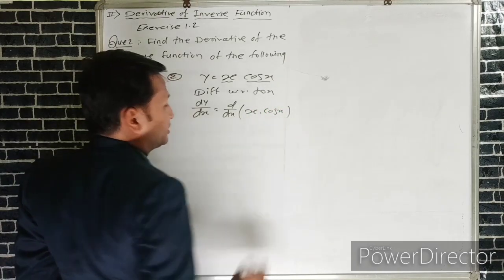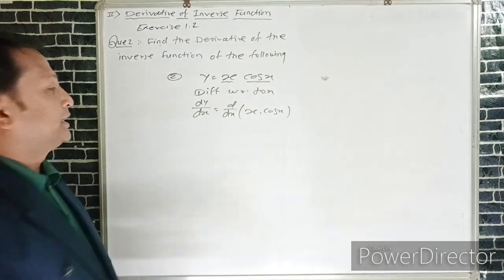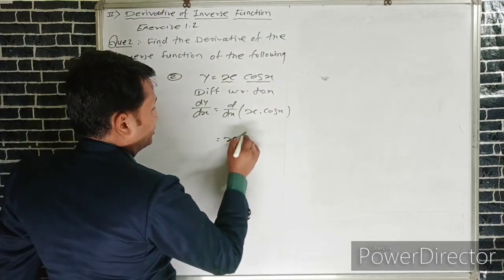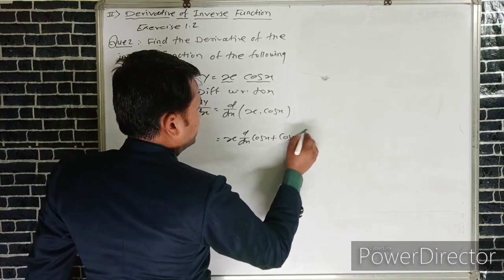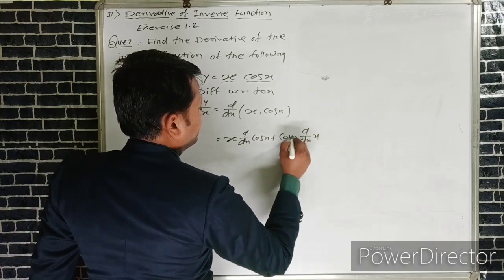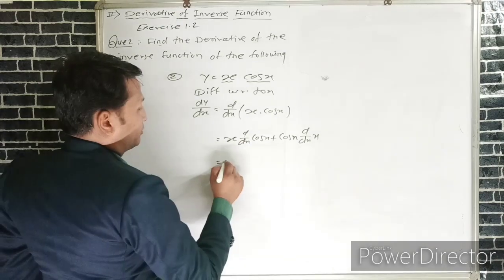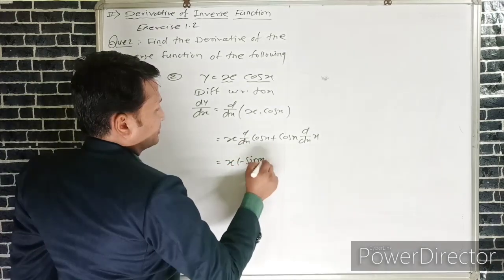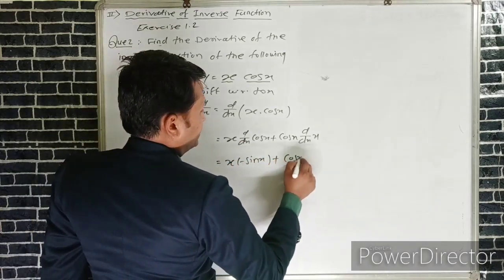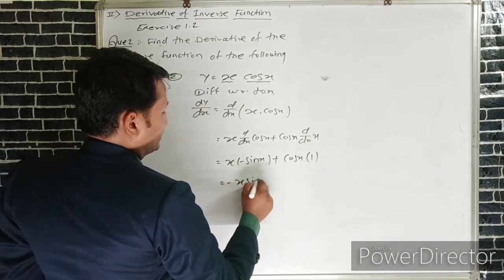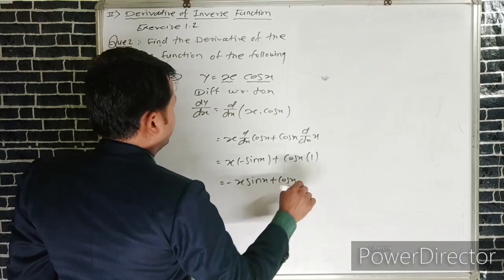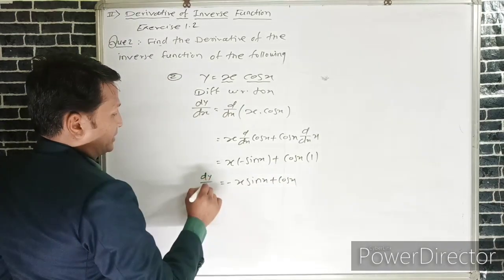These two terms are in the form of u into v, so we write x into the derivative of cos x plus cos x into the derivative of x. We know that the derivative of cos x is minus sin x, and cos x into the derivative of x is 1. Hence we can write minus x sin x plus cos x, which is dy by dx.